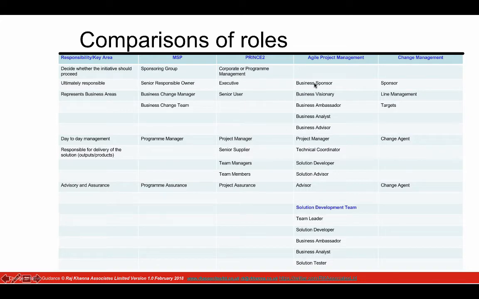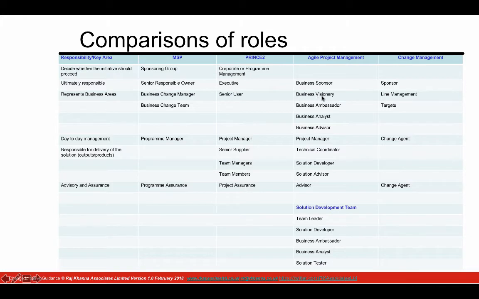Agile refers to the executive or the senior responsible role as a business sponsor. So they're representing the business. The person representing the department where the solution is to be delivered, i.e. the business representative, is actually called a business visionary.